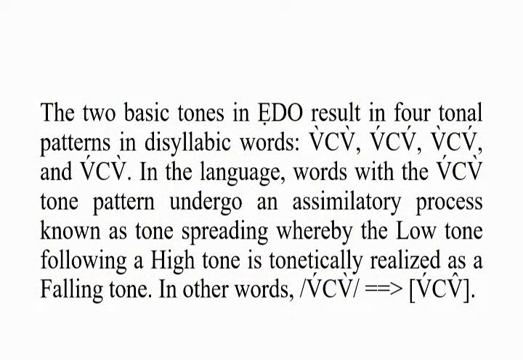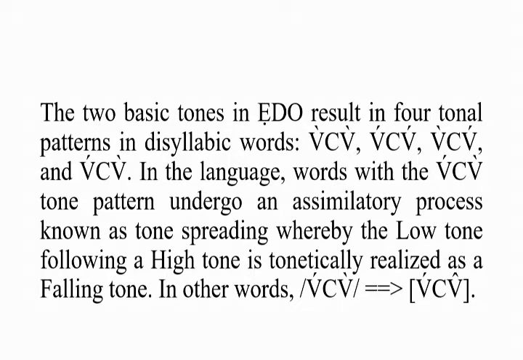In the language, words with the high-low pattern undergo an assimilatory process known as tone spreading, whereby the low tone following the high tone is phonetically realized as a falling tone.